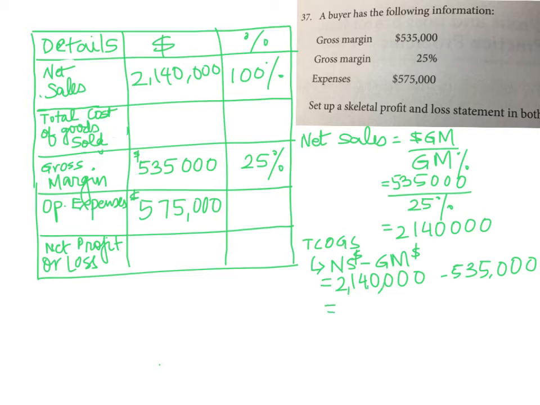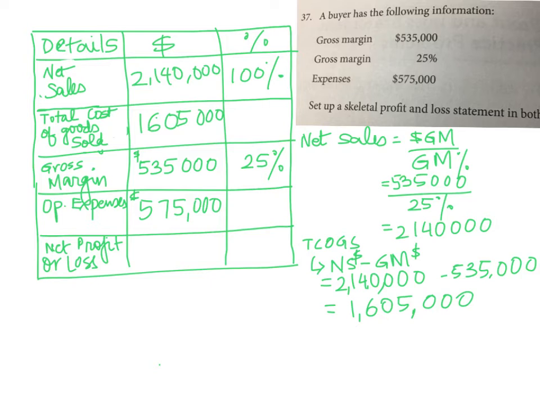And this will come out to be $1,605,000. So that goes here under total cost of goods sold, 1,605,000.